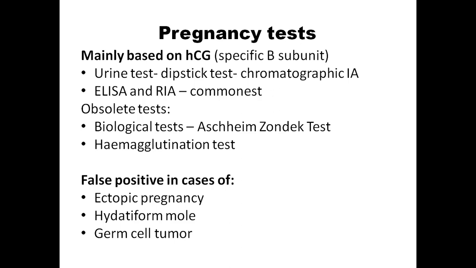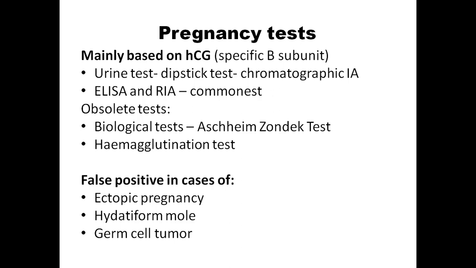And now for confirmatory tests, we go for the blood estimation of the beta subunit of HCG. Definitely we can assay and know the level, so that we are confirmed that it is the pregnancy and nothing else. Because false positive cases are noted in ectopic pregnancy, if the pregnancy occurs in the tube itself. So the tube will burst, the pregnancy never survives.